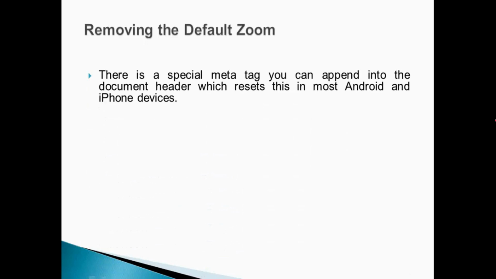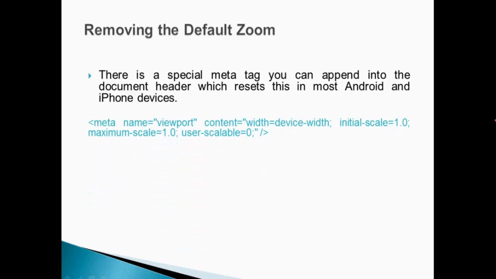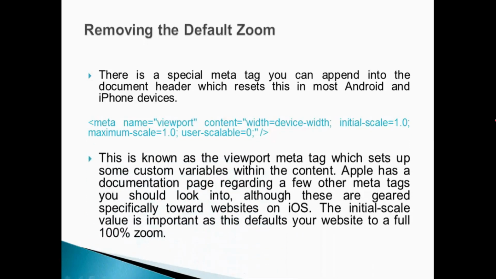There is a special meta tag you can append into the document header which resets this in most Android and iPhone devices. As you can see, meta tag. This is known as the viewport meta tag, which sets up some custom variables within the contents.